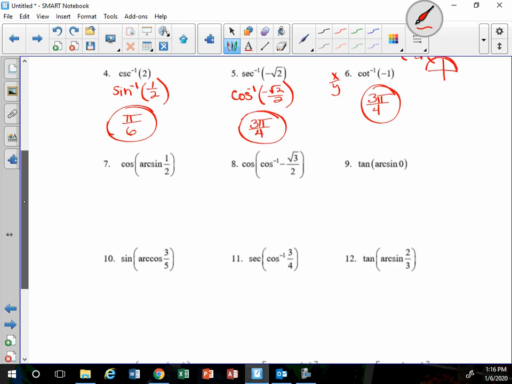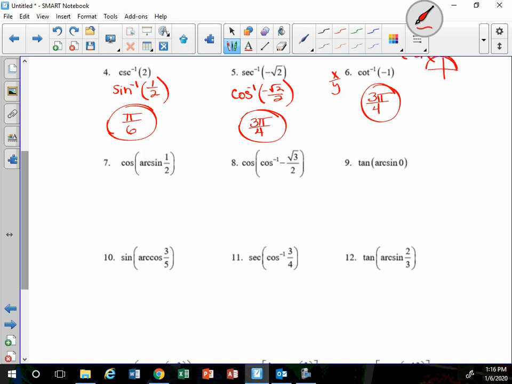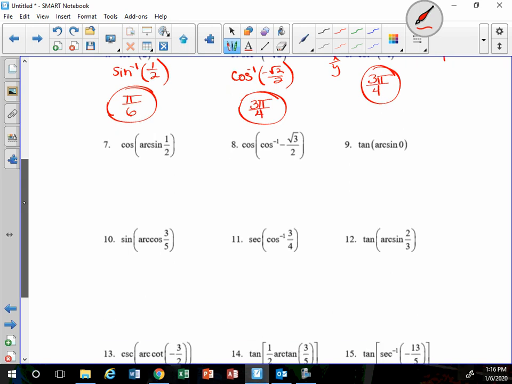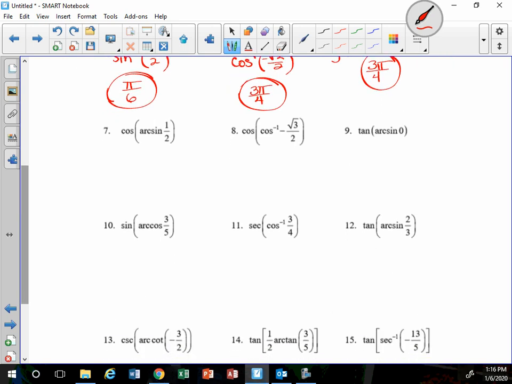All right. Let's look at 7 here. What's happening on 7? I don't know. It's just 2 problems in one. Just start on the inside and work your way out. So arc sine of 1/2. What is that? What angle has a sine that is 1/2? Pi over 6.